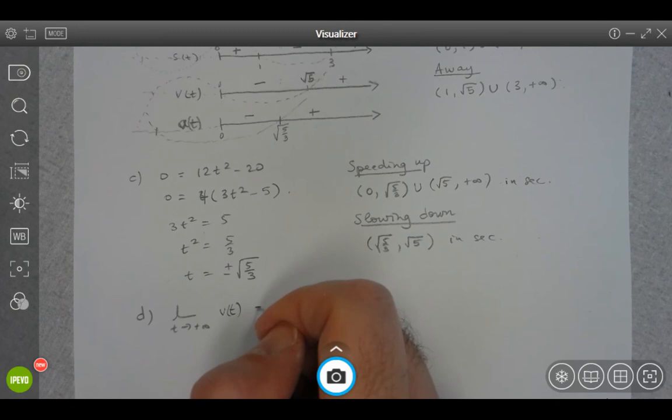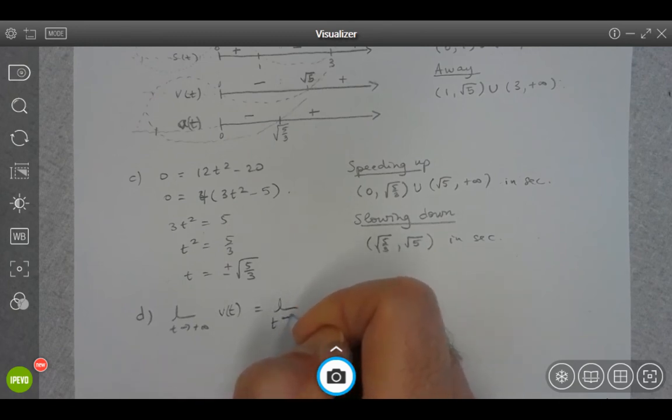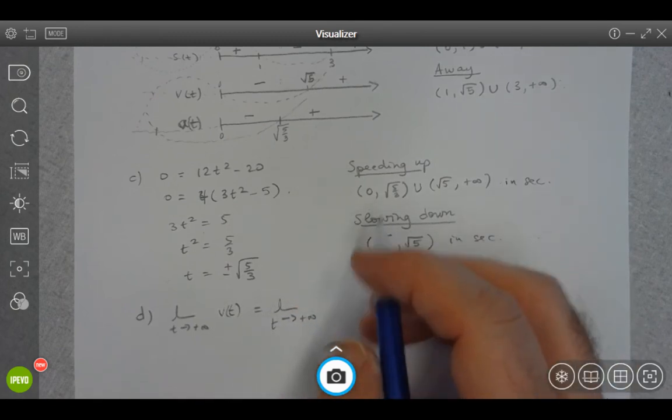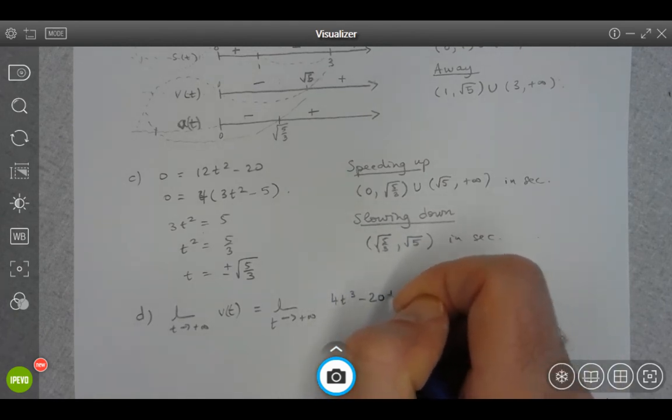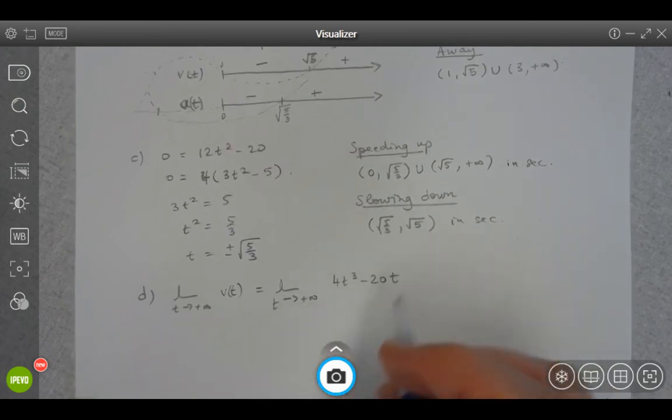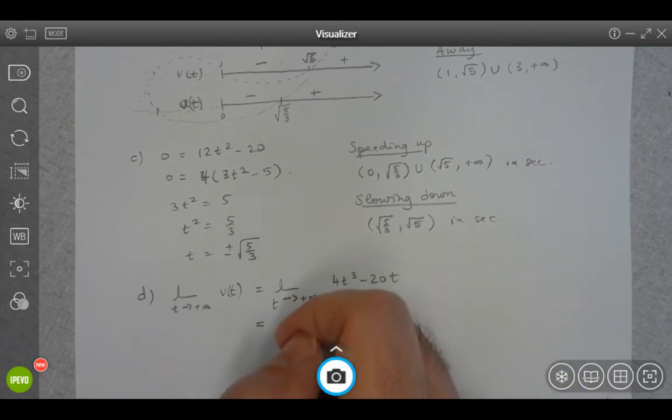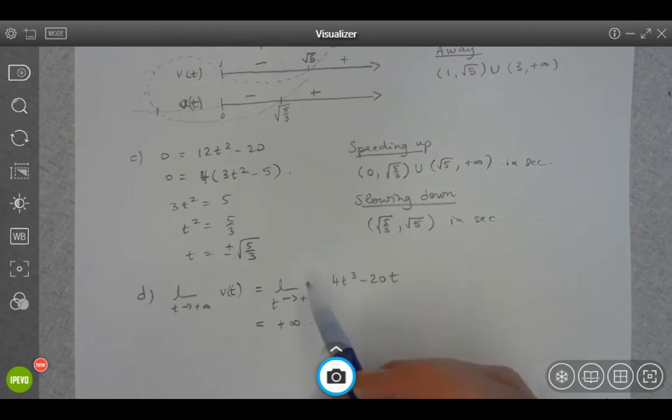Since the velocity function, we'll write that out again, is given by 4t cubed minus 20t, we know that this is a cubic with a positive leading coefficient. So we know that that's going to be approaching positive infinity. I just want you to remember that I'm writing equals positive infinity, but we recognize this is an infinite limit, which is not an actual limit. It's just notation to represent that it's approaching positive infinity.